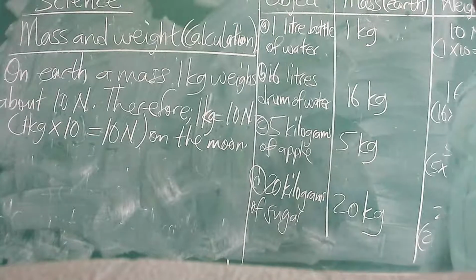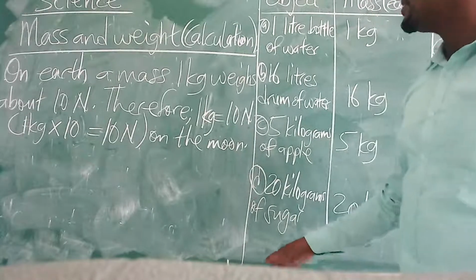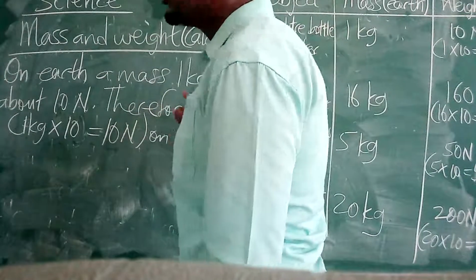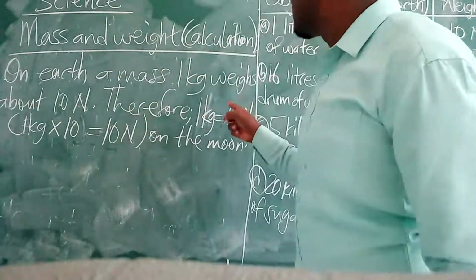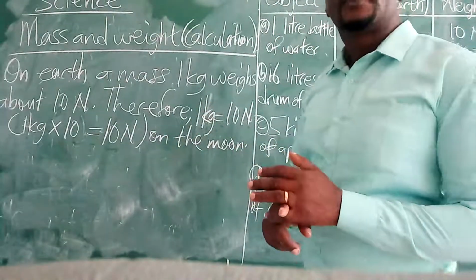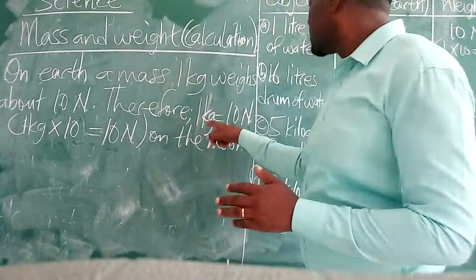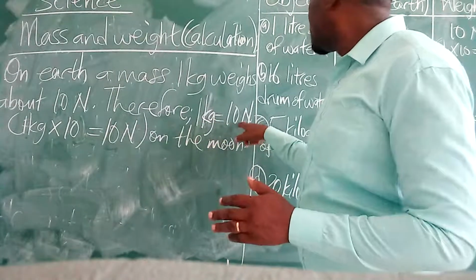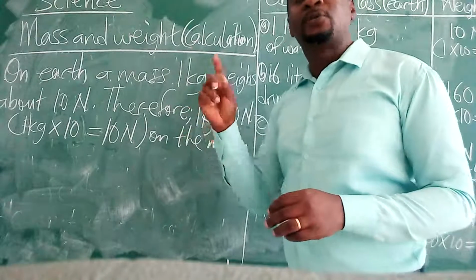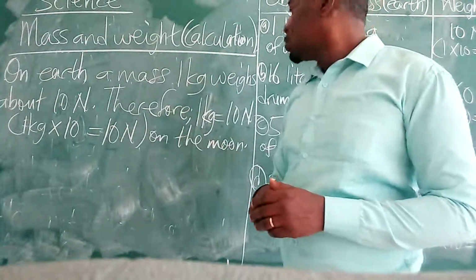So if you want to calculate this one, we are saying that 1 kilogram is equals to what? 10 newtons. On Earth, 1 kilogram is 10 newtons, the weight on the moon.